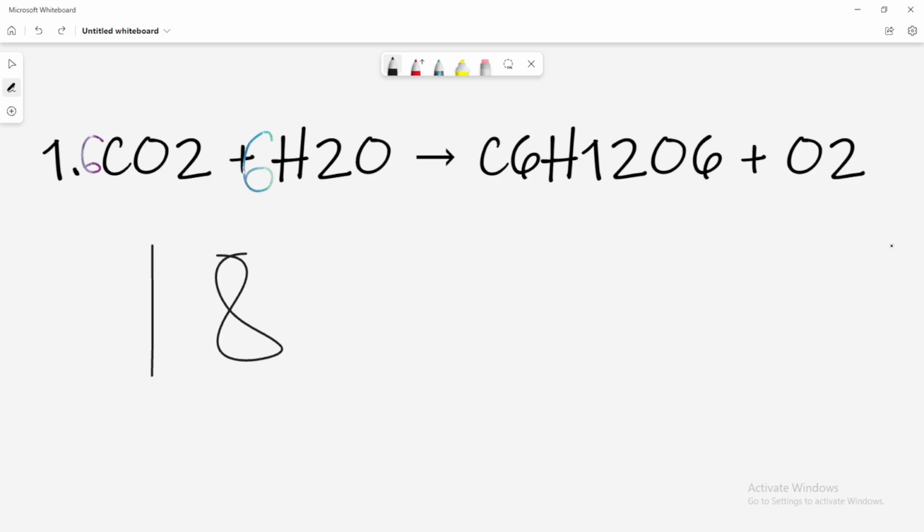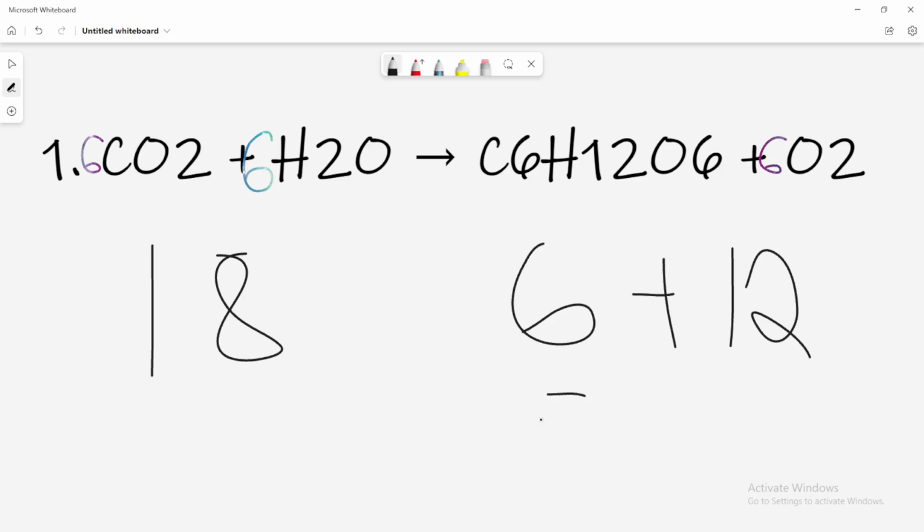So our decision would be to make this 6. Since of course you're going to lose the 2, it's going to become 12. So 6 times 2, 12. You add that with the normal 6, that equates to 18.